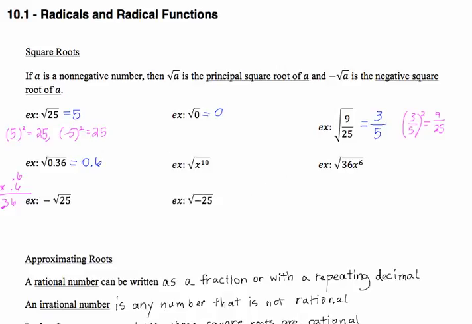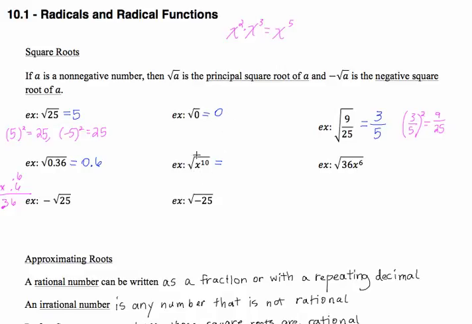Okay, for the square root of x to the 10th, now here's a tricky one. You want to ask what squared will equal x to the 10th, and that's a little tough, and it might involve some guessing and checking. When you multiply two numbers that have the same base and different exponents, for example x squared times x cubed, remember, you add those exponents to get x to the 5th.